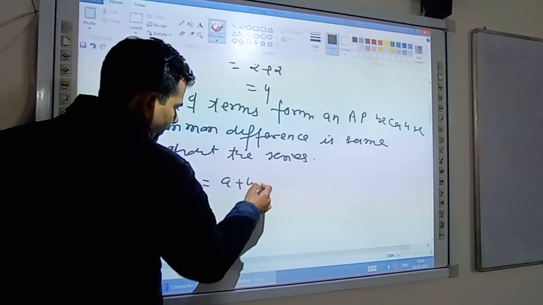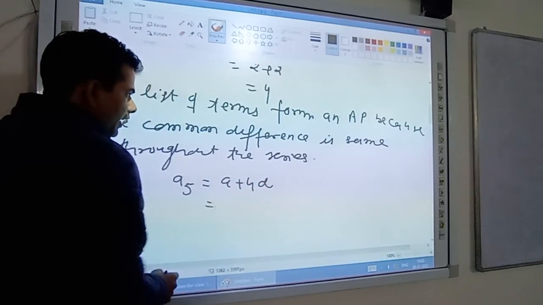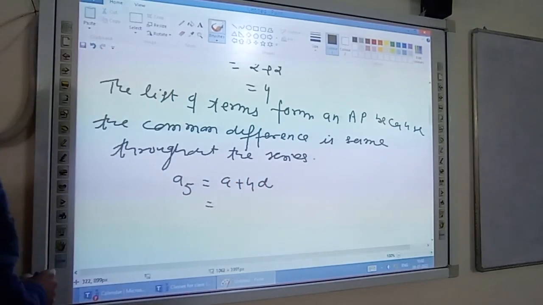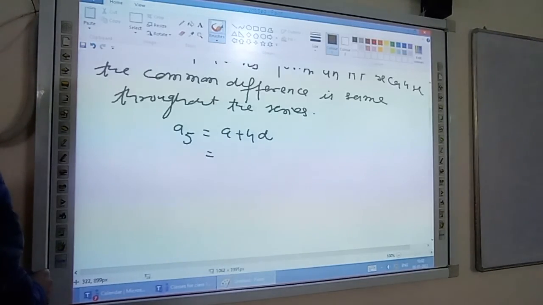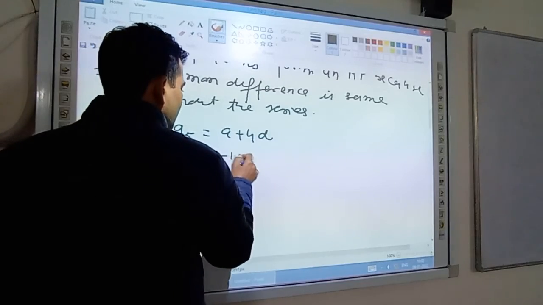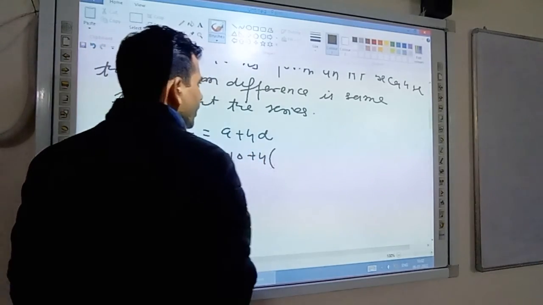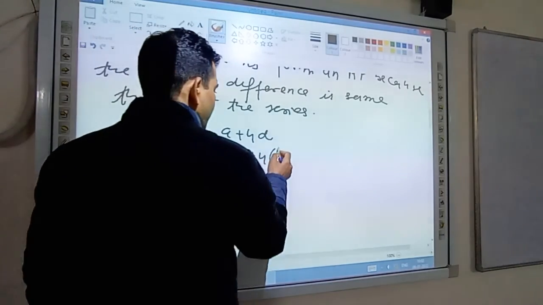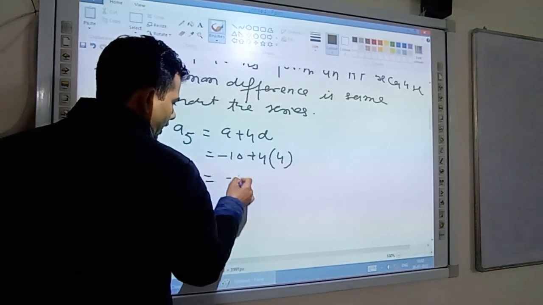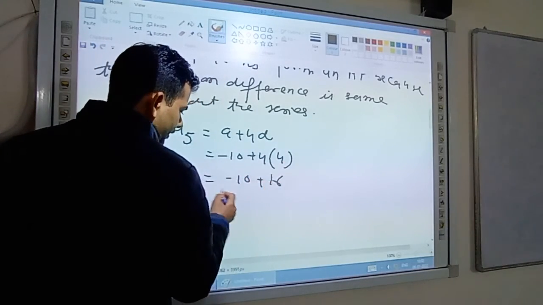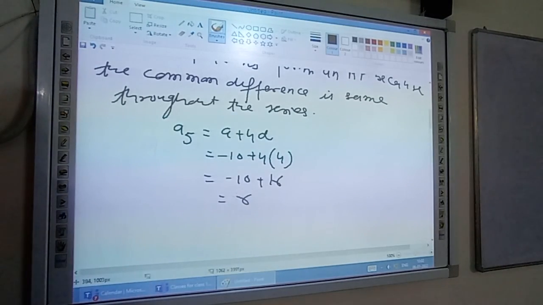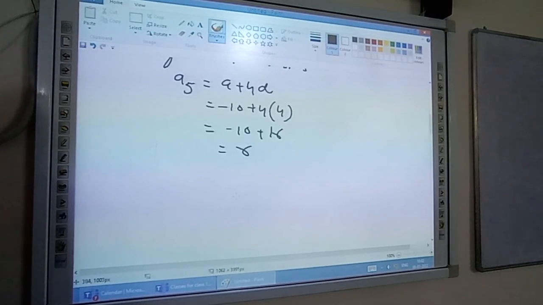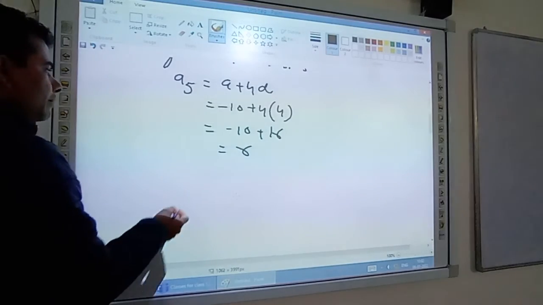A plus 4D. What is A? Minus 10. Minus 10 plus 4 into 4, common difference is 4, minus 10 plus 16 that is 6. We have to find out fifth term, sixth term and seventh term.